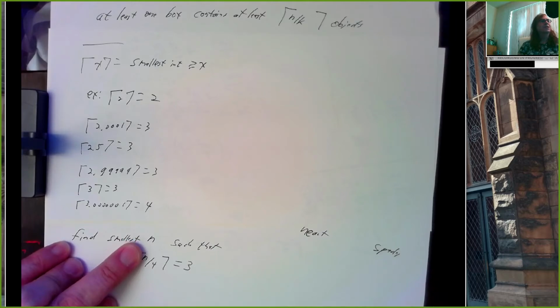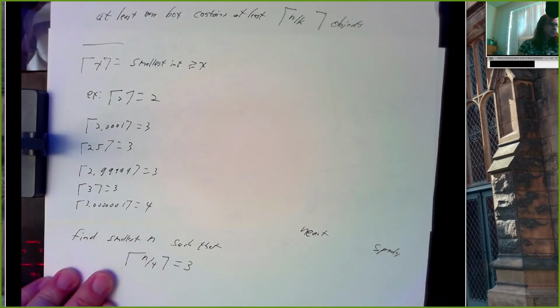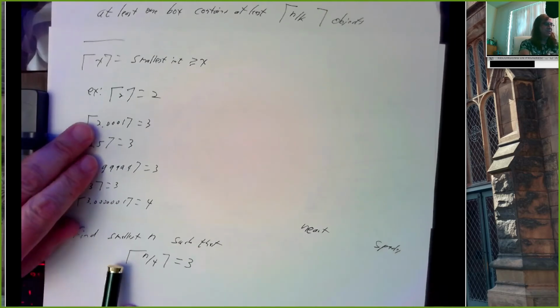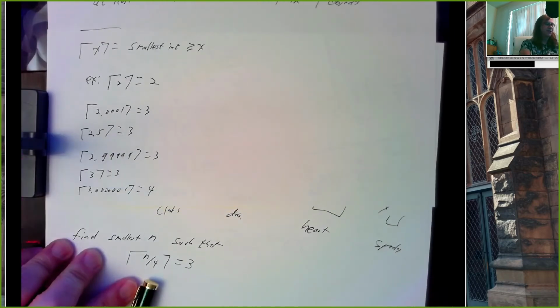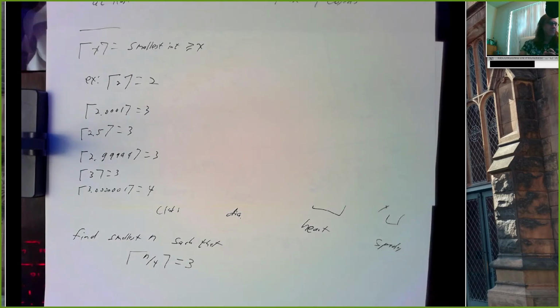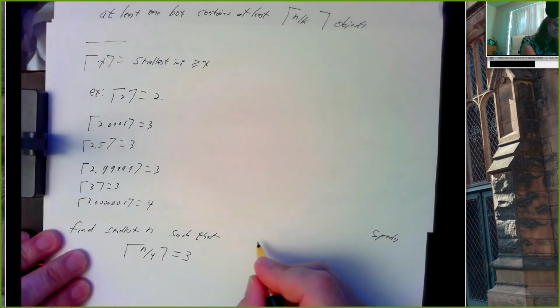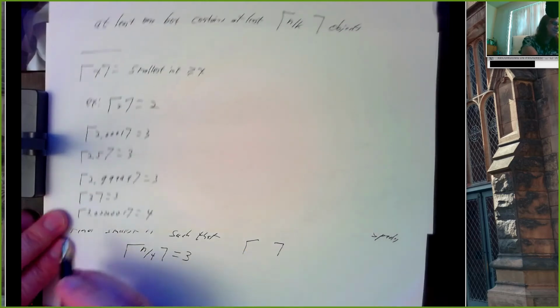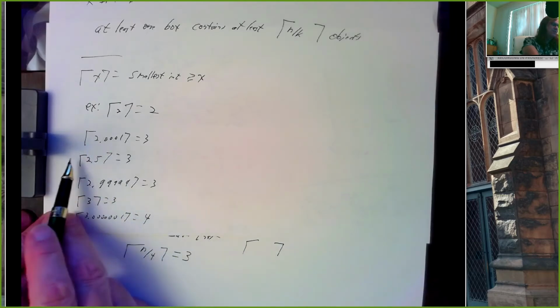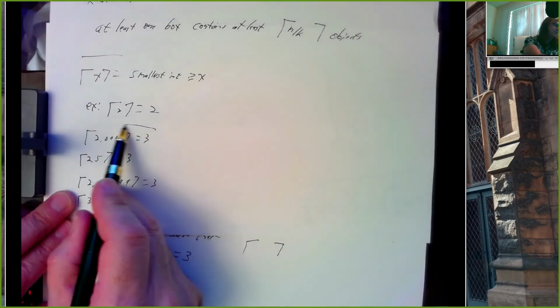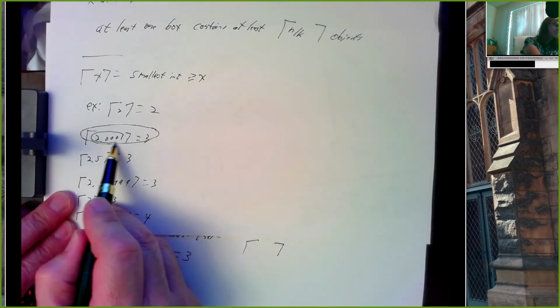So something like that. So we can change this into a purely mathematical question, which is find the smallest integer n such that the ceiling of n over 4 is equal to 3. And so this is a chance to sort of experiment with this function and think about ceilings. The first time we get to a ceiling of 3 is when the thing we're taking the ceiling of is bigger than 2.